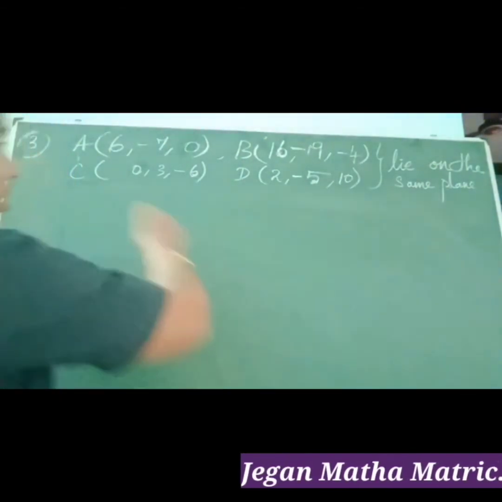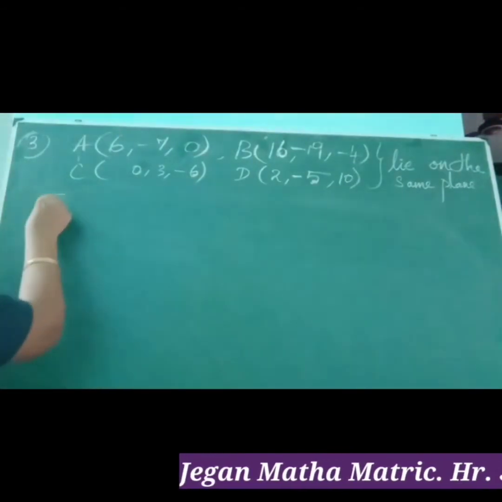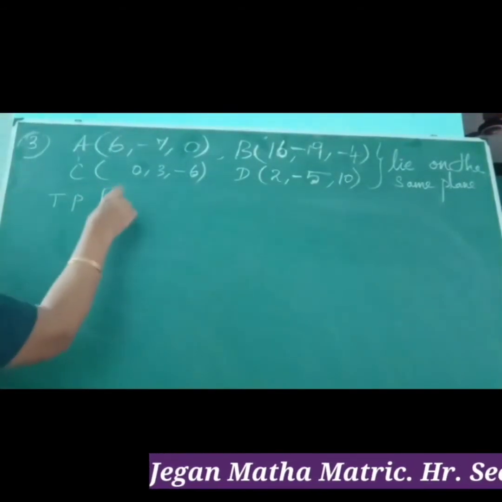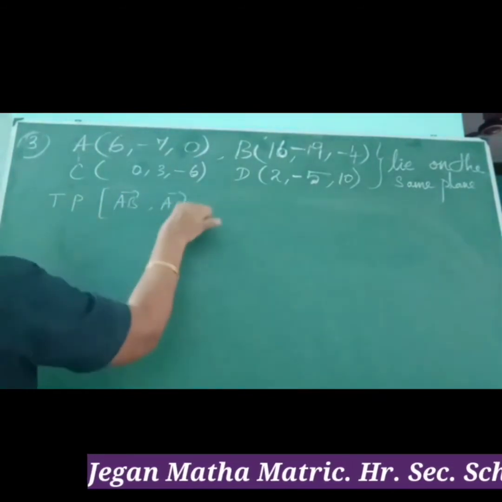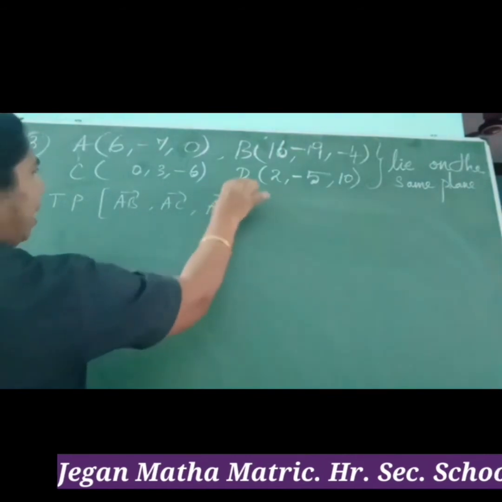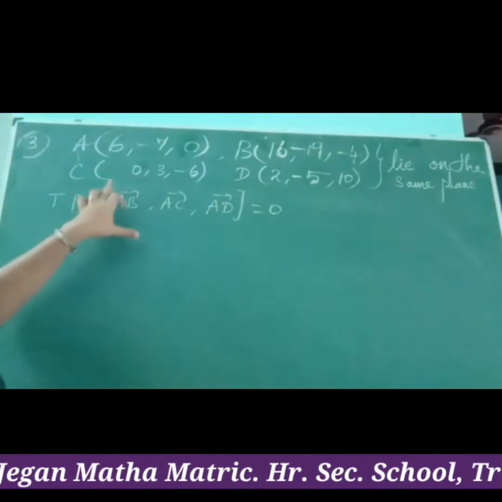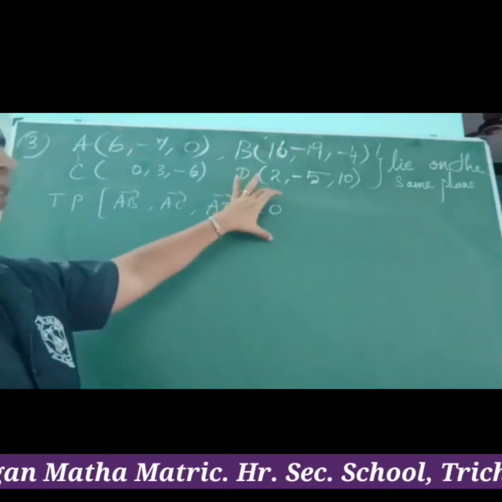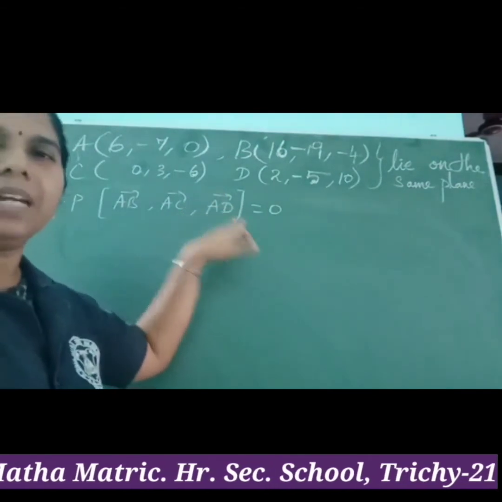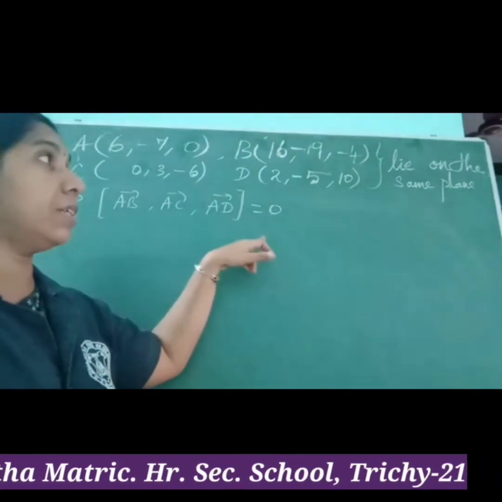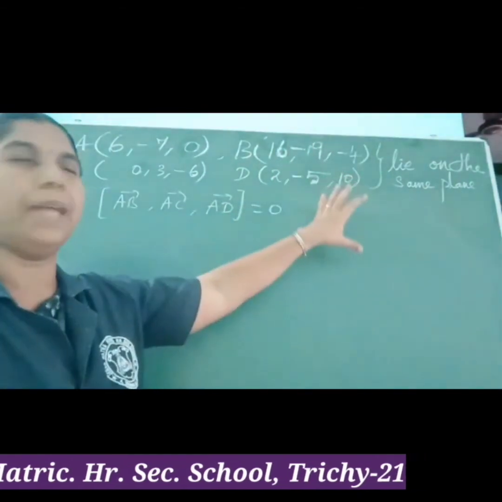So if we are considering A, B, C, D as 4 points, it is enough to prove box product of AB, AC and AD equal to 0. If the box product of these vectors is equal to 0, then these 3 vectors are coplanar. If these 3 vectors are coplanar, it is understood these 4 points lie on the same plane.